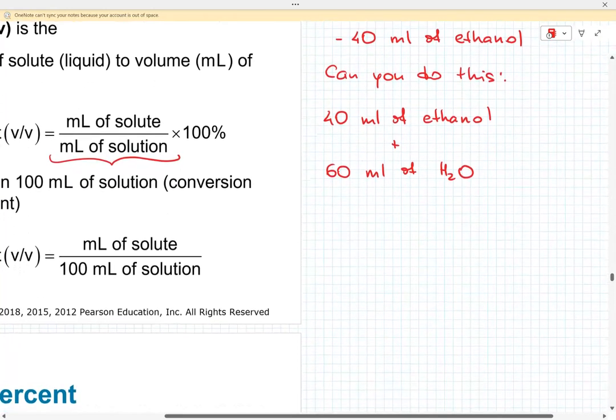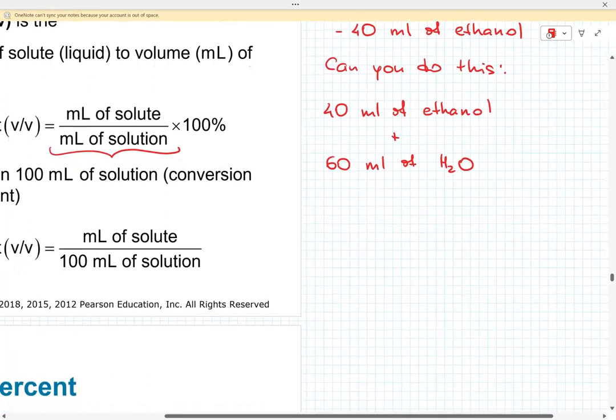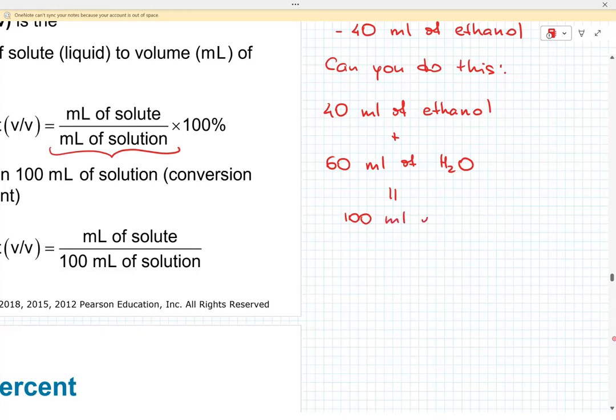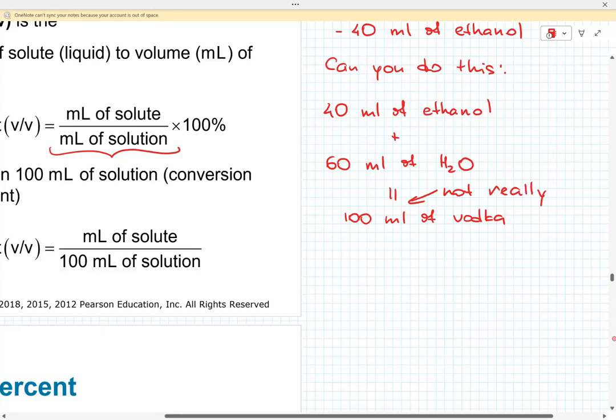So you think that if I mix 40 milliliters of ethanol and 60 milliliters of water, it will give me 100 milliliters of vodka? Not really. Let me explain why. Volumes are not necessarily additive.